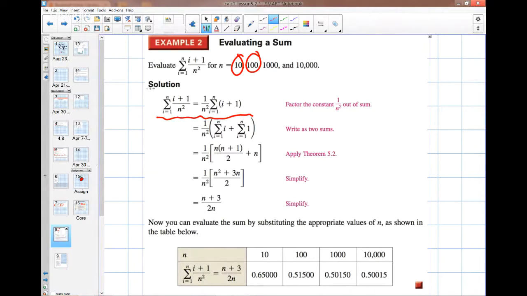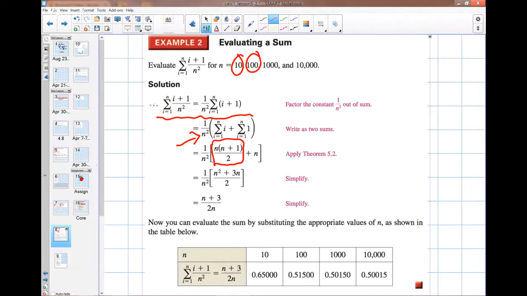So we can pull the constant out. Just like we learned with integrals and with derivatives, you can pull the constant out. So we pull it out, and what's left is two things. Well, it's i plus 1, which you can change into two separate sums, the sum of i and the sum of 1. Well, the sum of i, hey, we just learned a shortcut for that just a few seconds ago.